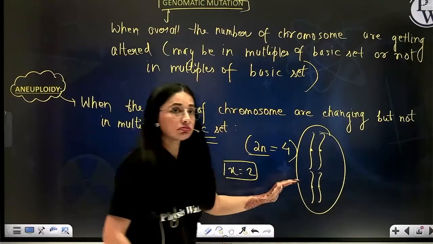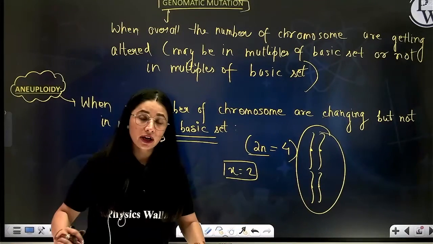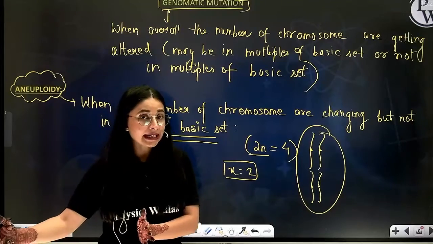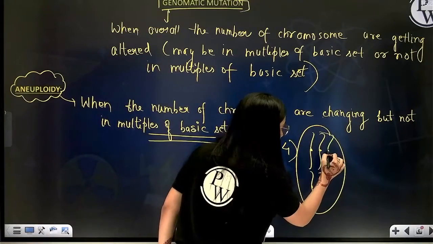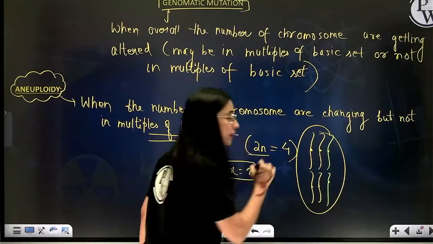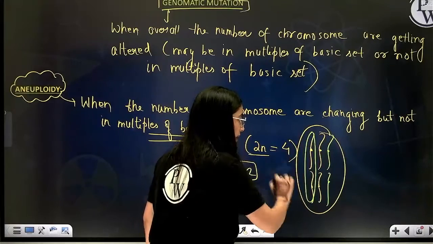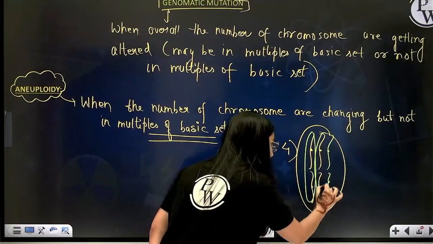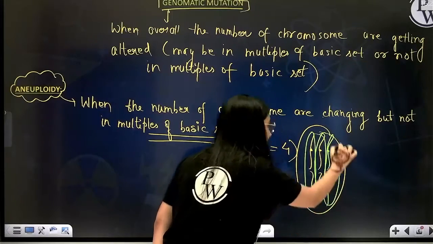Suppose addition of chromosomes has to take place. So if addition has to take place in multiples of the basic set, this is the way it should have been done. This is one complete set, X2. This is another complete set, another 2. This is another complete set.